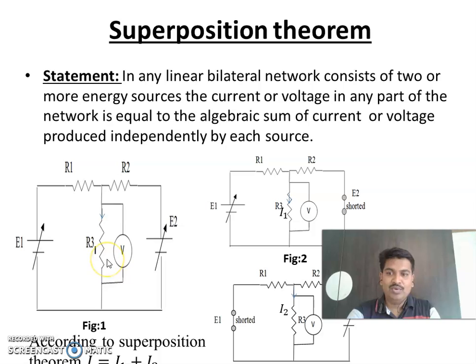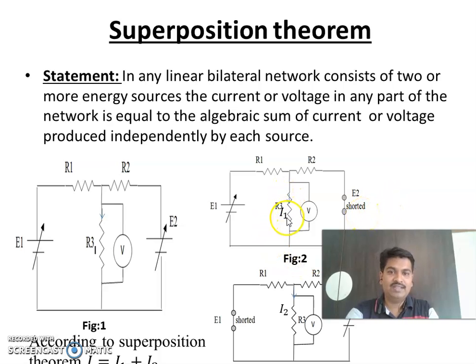Now I am looking at the current in one part of the network, across the resistor R3. The current across the resistor R3, which I am labeling as I, is equal to the currents produced independently by sources E1 and E2. Look at figure 2. In figure 2, I have retained only one battery of EMF E1 and the other battery is removed and shorted.